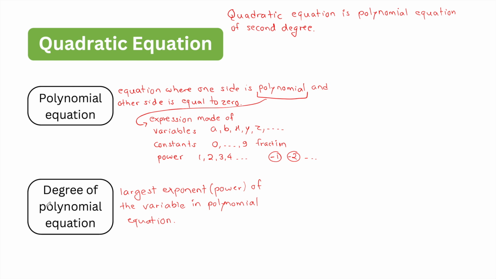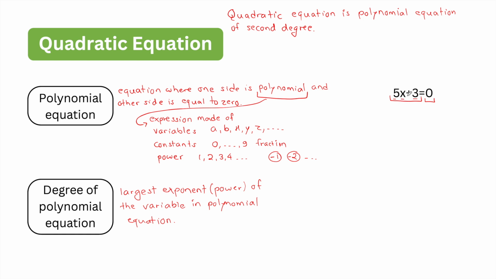Let me provide you some examples where we will see the degree of polynomial equation. So this is the first equation: 5x plus 3 is equal to 0. Here one side is polynomial and the other side is equal to 0. You got it? This is about the definition of polynomial equation. In the polynomial, this 5 and this 3 are constants and this x is a variable, and x has some power.